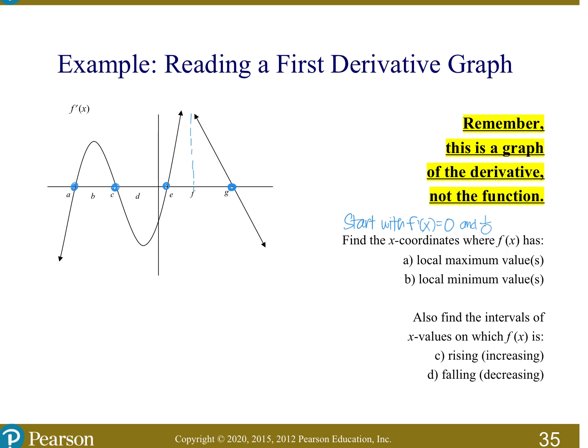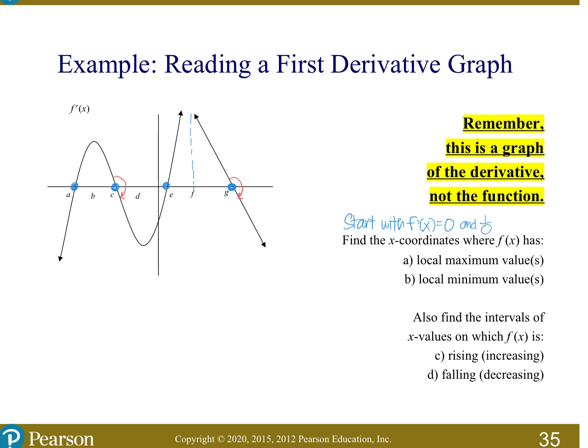So remember, a maximum is when the graph is changing from positive to negative values. So around C, we're changing from positive to negative values. Around G, we are changing from positive to negative values.